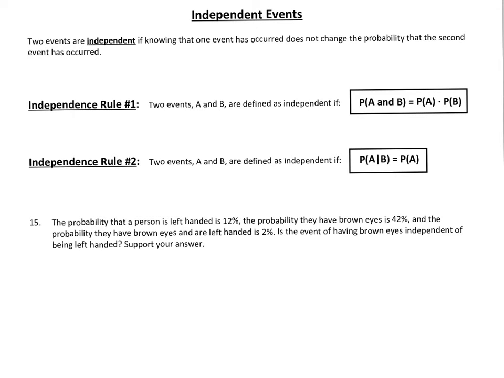If they're independent, the probability of A given some event that has no impact on it is just going to be equal to whatever the probability of A should be. Okay, so this rule is pretty much self-explanatory.